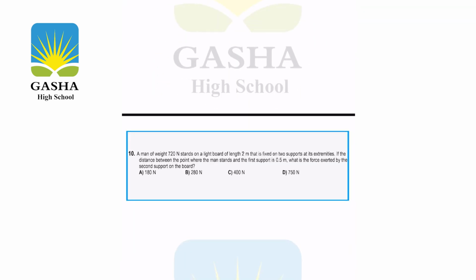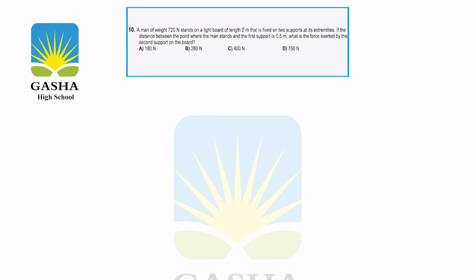Okay, so let's move on to question number 10, and that's again in chapter 2, which is equilibrium. Here we have a man of 720 Newton standing on a light board of length 2 meters. The board is fixed on 2 supports at the ends.